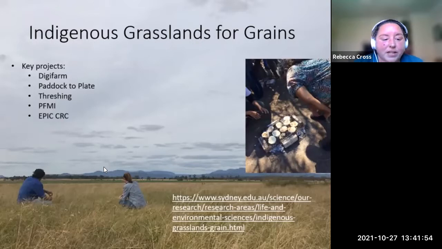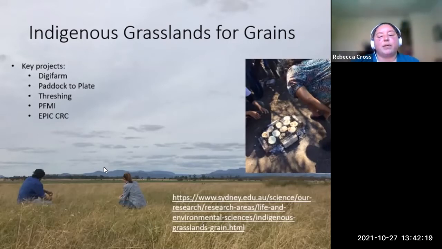Threshing, to look at how you actually get the seed out of the glume. And that's a project in collaboration with Black Duck Foods, which is Bruce Pascoe's company. And then we also have 2 current initiatives, or 2 big bids at the moment, for a native grains processor, as well as a native grains knowledge sharing hub.